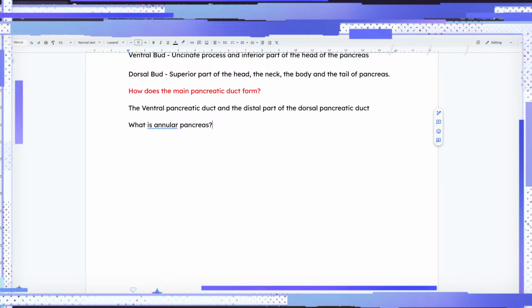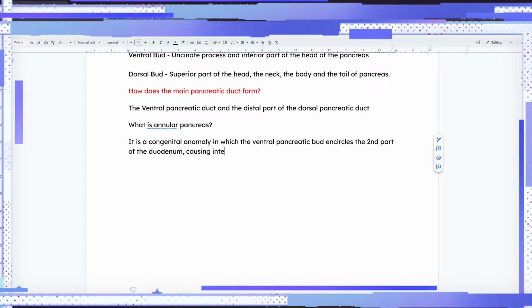अच्छा, annular pancreas क्या आता है भाई? It is the congenital anomaly. That's definitely what it is. In which the ventral pancreatic bud fails to, or rather encircles, the second part of the duodenum, causing intestinal obstruction.